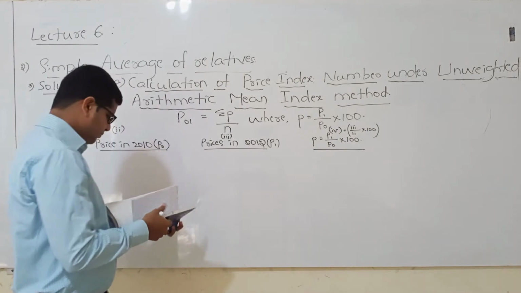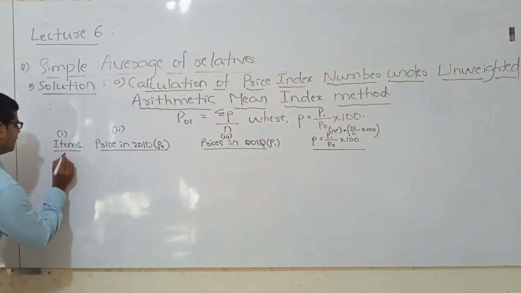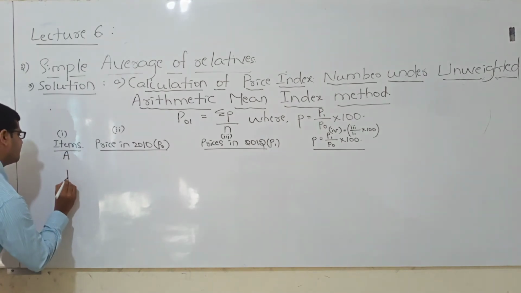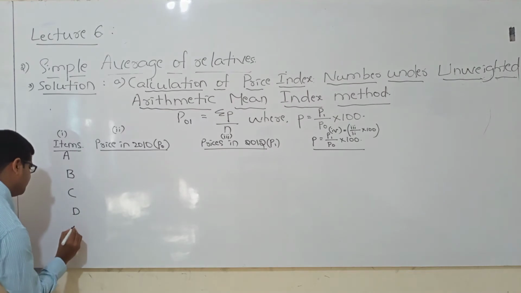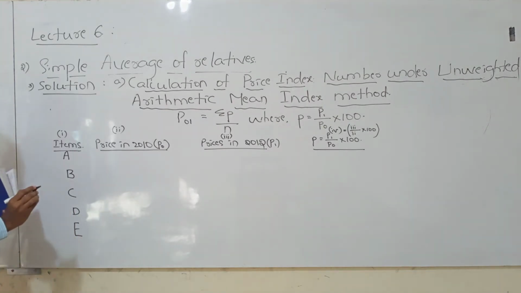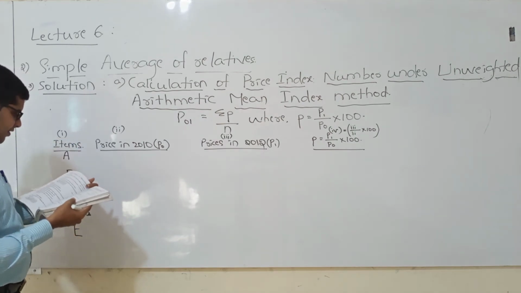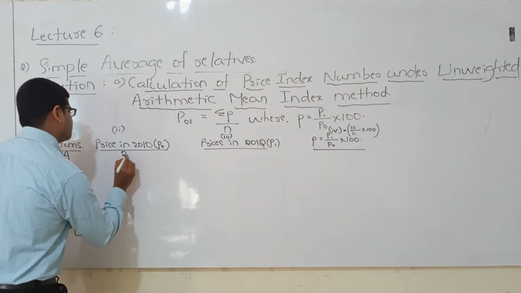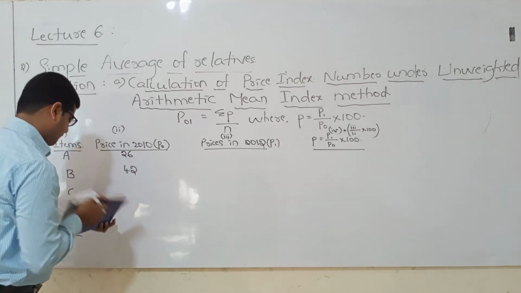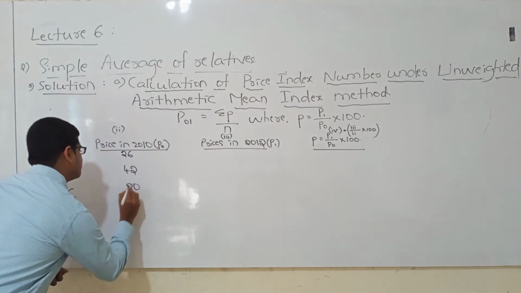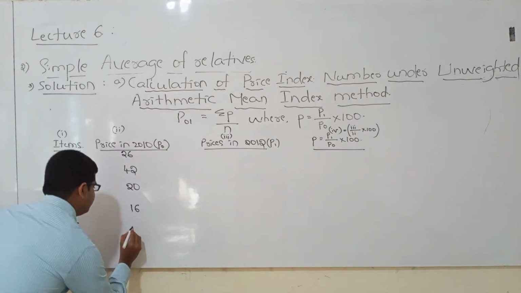So I write here items given in the question: A, B, C, D, E. Price in 2010, base year: 26, 42, 20, 16, 50.